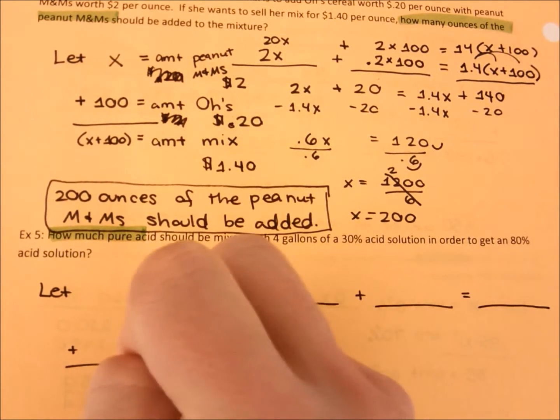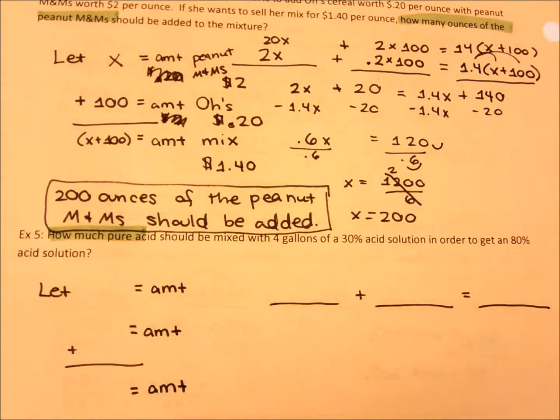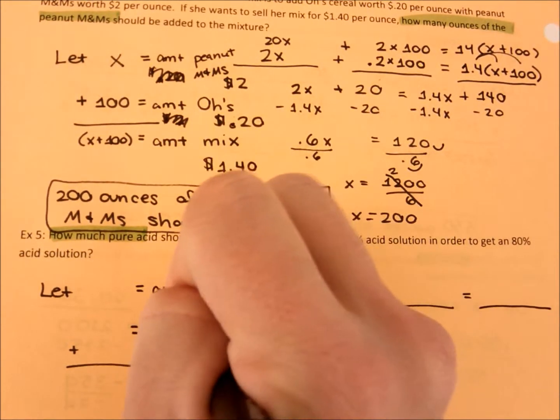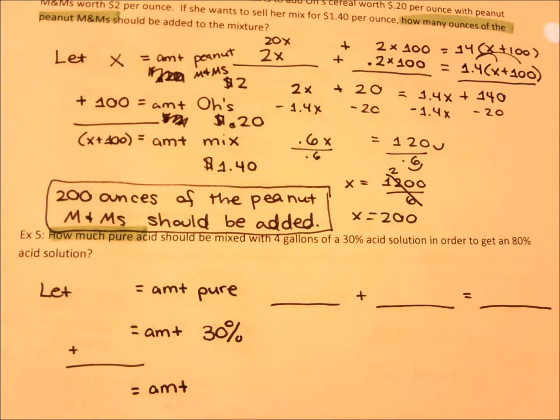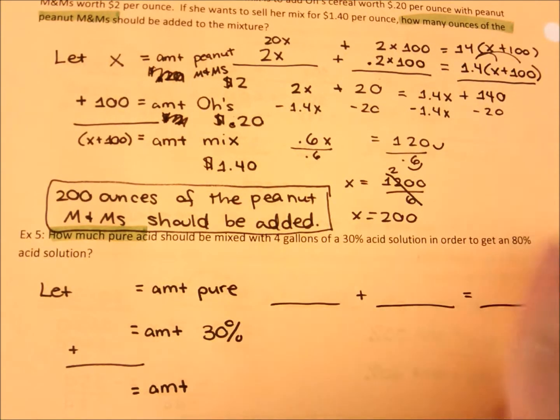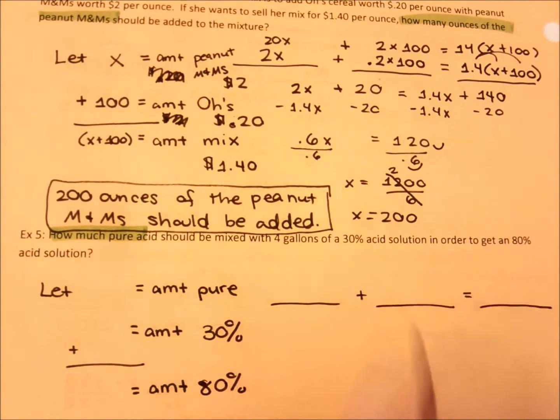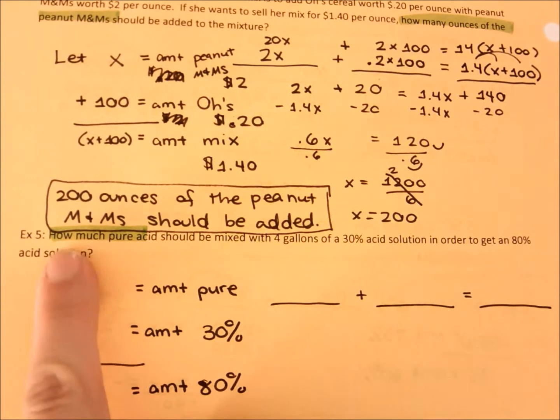Okay, so the 2 things I'm mixing together. I'm mixing together pure and 30. And what's my goal? To get 80%. So going back up to the top, how much pure?